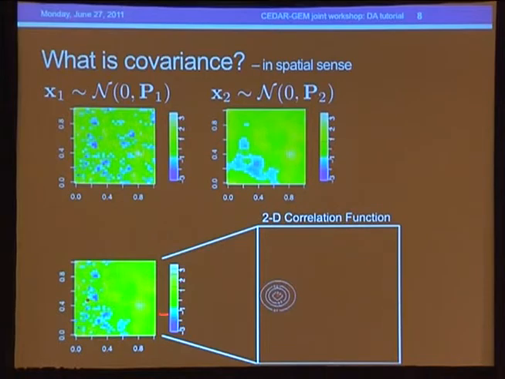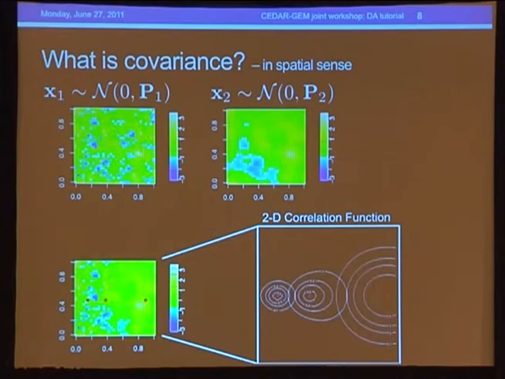Say the correlation function with respect to the point indicated in red looks like this, anisotropic. On the far right side, the correlation length scale with respect to this point is longer, and in the middle it is somewhere in between.